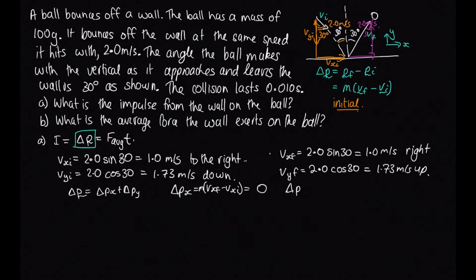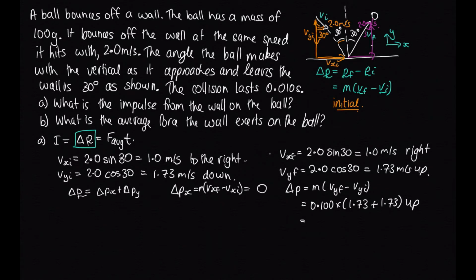And in the y direction, we've got m times Vy final minus Vy initial. And so this is equal to, well, it's 100 grams, so it's 0.100 kilograms times Vy final, which is 1.73, that's up, minus 1.73 down. When we minus a down, then we can add an up. So this is up.